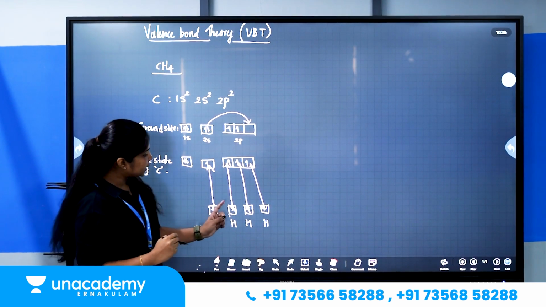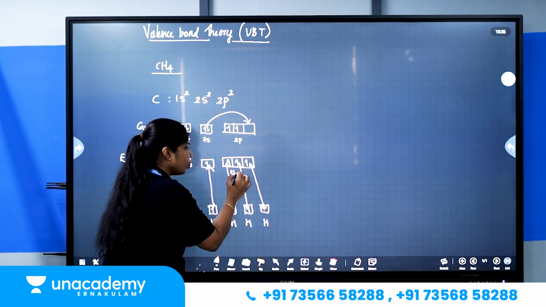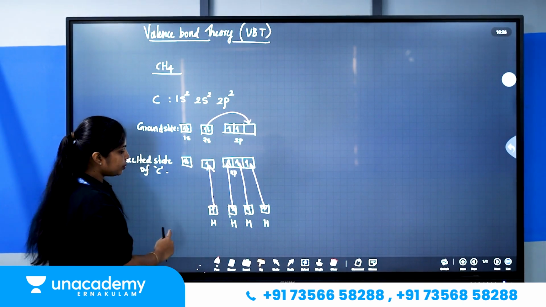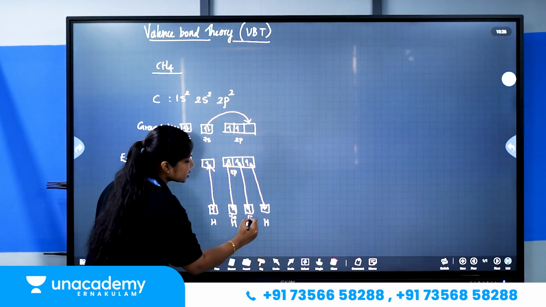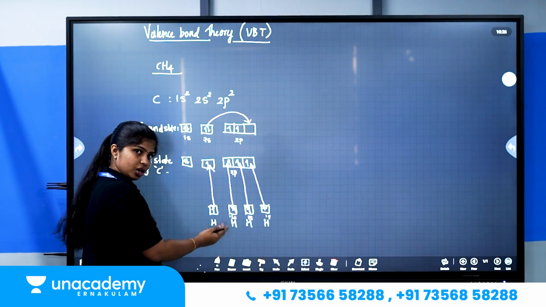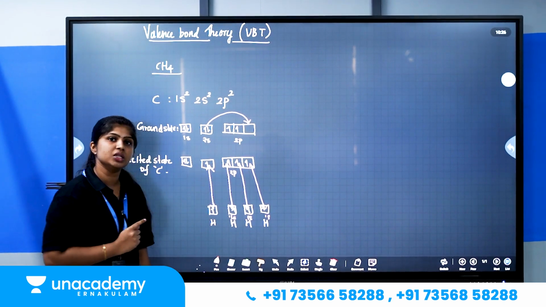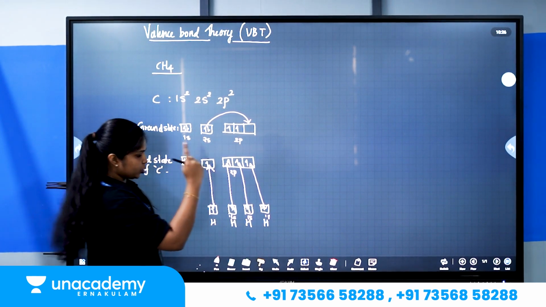So here 3 bonds are formed by the overlapping between the 1s orbital of hydrogen with the 2p orbitals of carbon. Let me draw that.